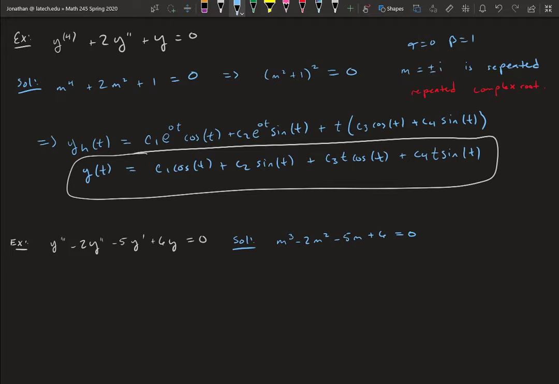So we need the zeros or roots of this cubic equation. Any thoughts, any guesses, any ideas what to do?